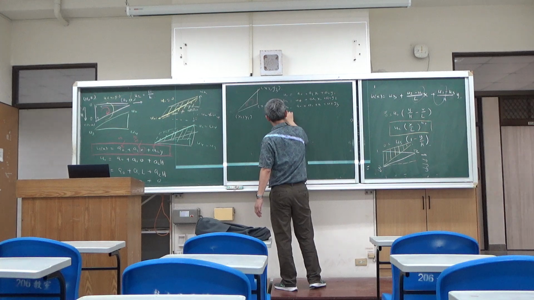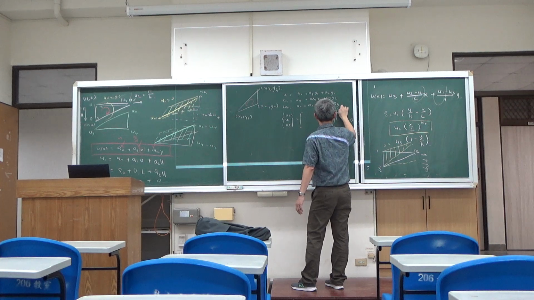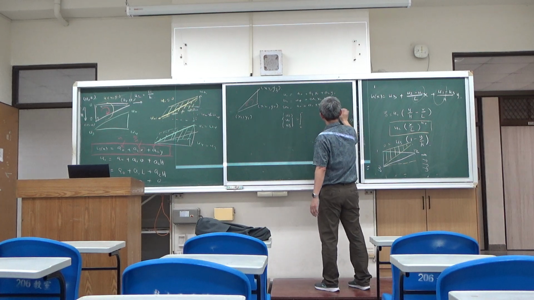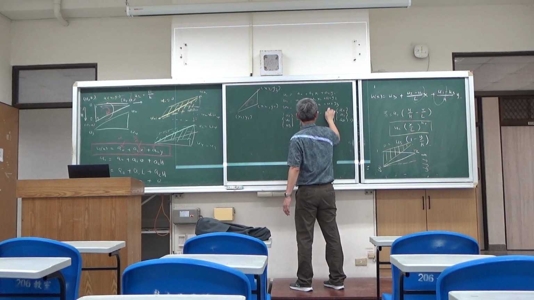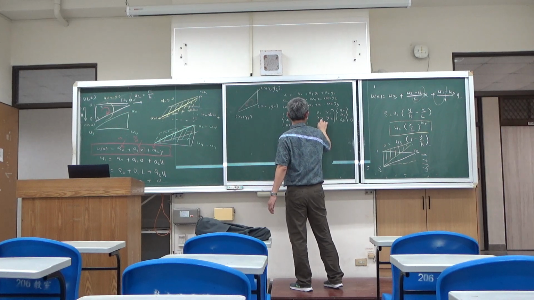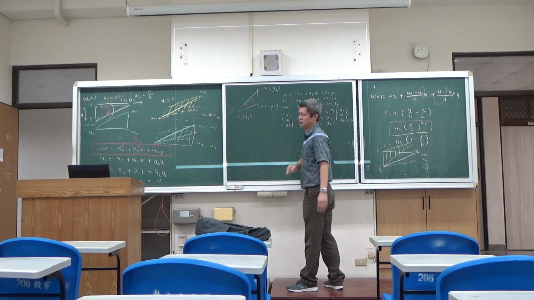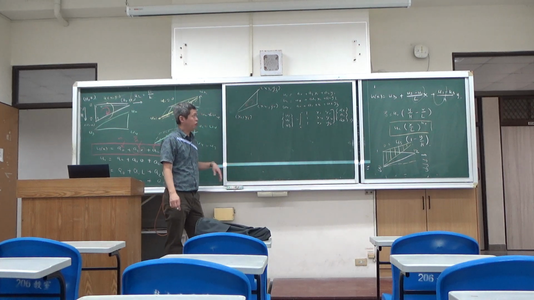In the matrix form, we have U1, U2, U3 equal to a matrix multiplication with the coefficients: 1, x1, y1, 1, x2, y2, 1, x3, y3. So this is what was obtained before.